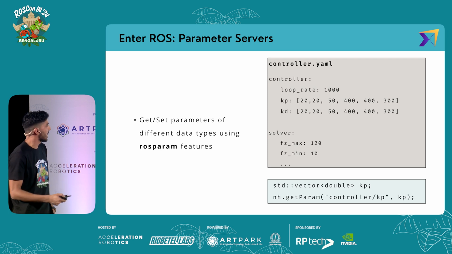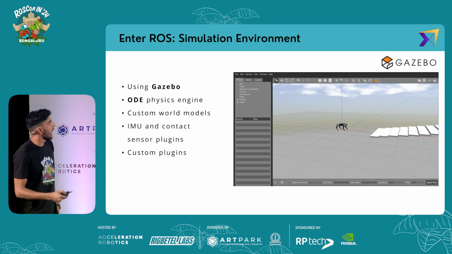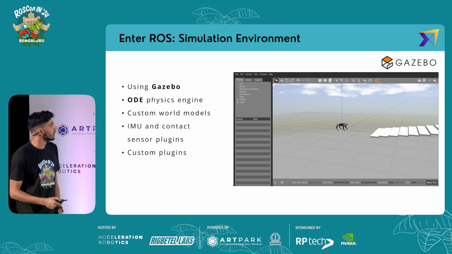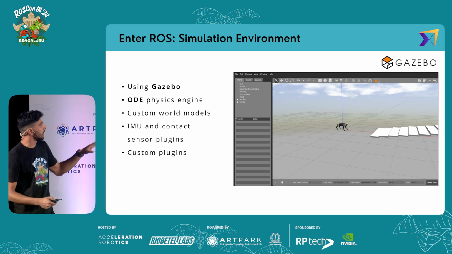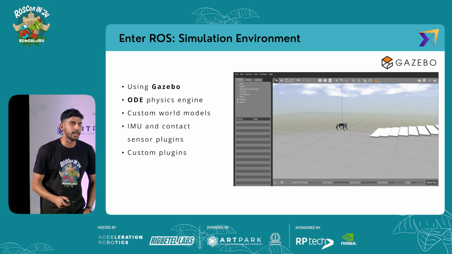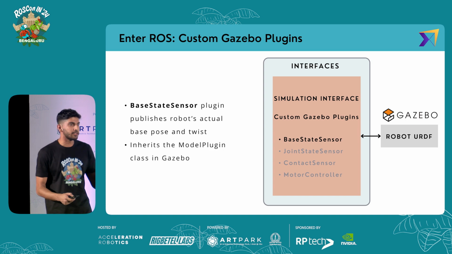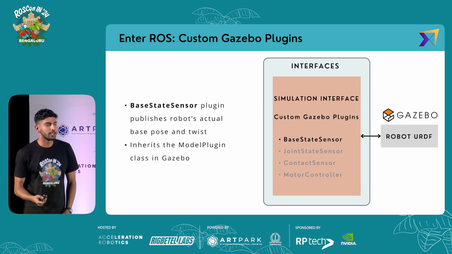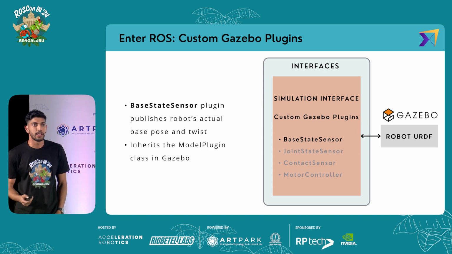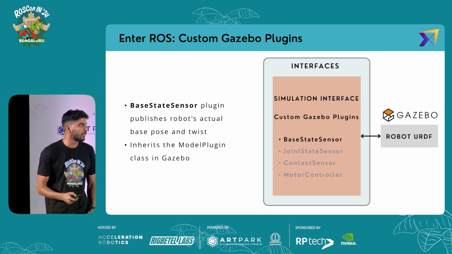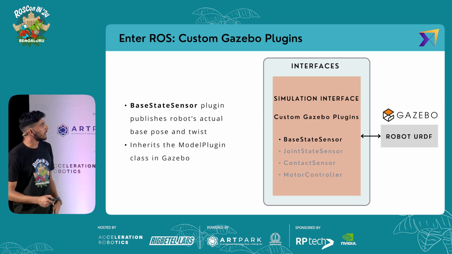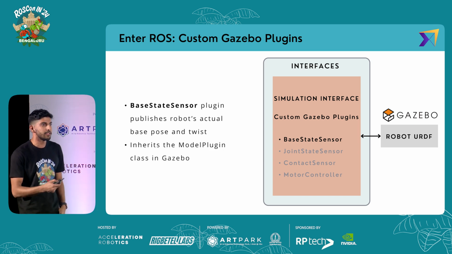We use ROS param features, and this is the classic Gazebo simulation which we use. One thing to note here is that we use custom plugins in Gazebo. We write custom plugins to get the state of the base, the state of the joints, and the state of the contact of the feet. These sensors interface with the URDF to get the data from the simulation.